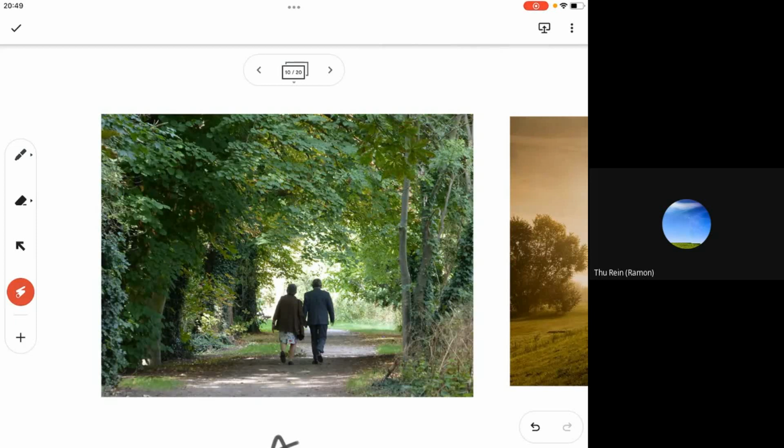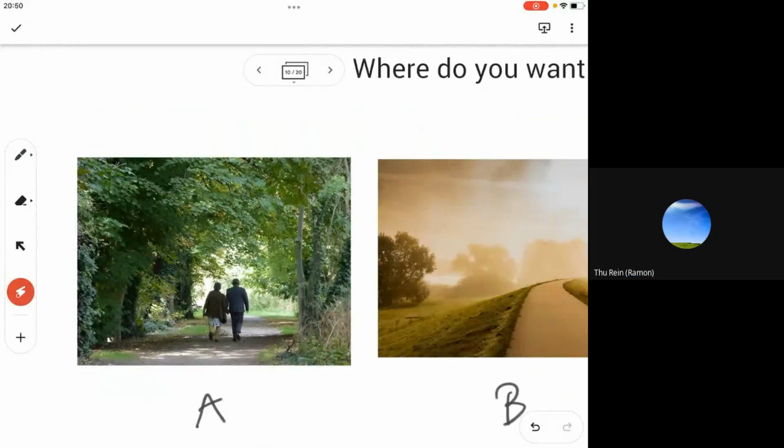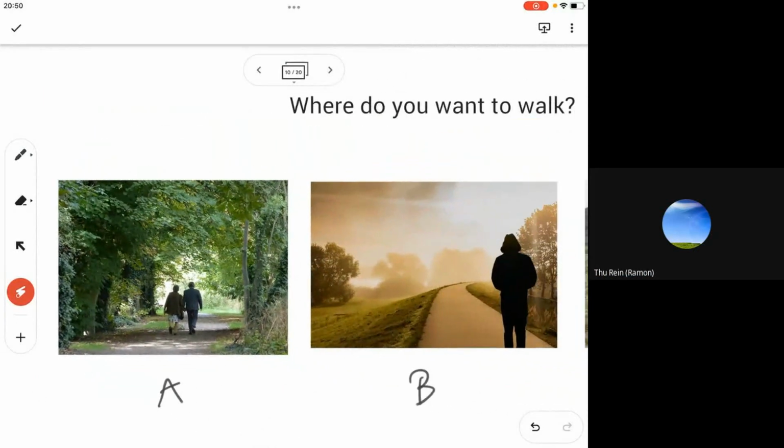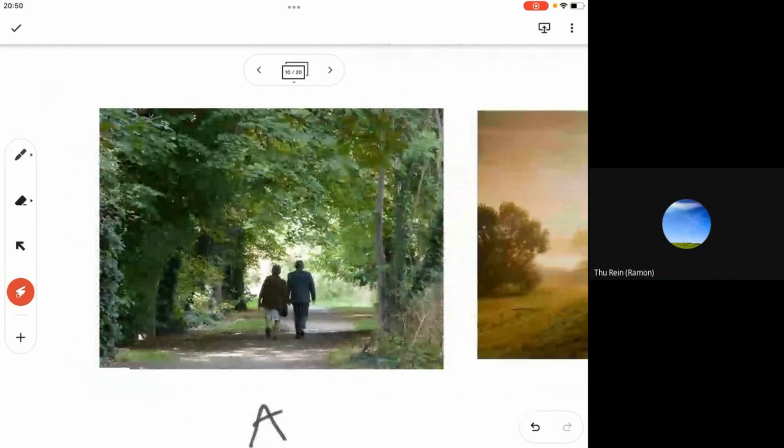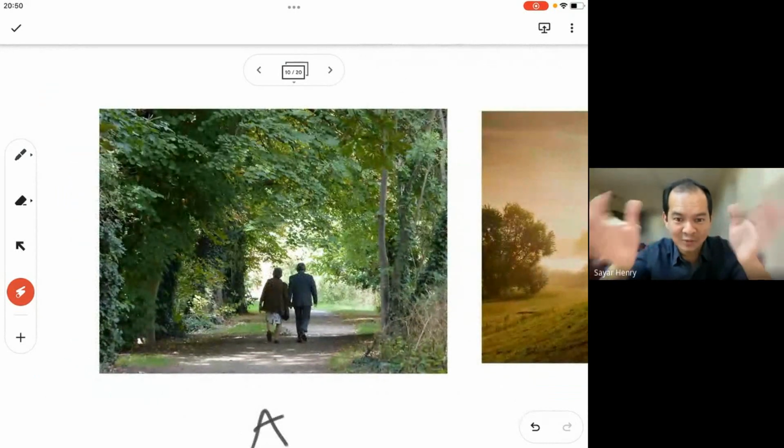When I see this environment, I feel fresh, and the atmosphere is supporting relaxation also. So that's why I would like to choose this photo. And the last reason is my life partner is beside me while walking. Nice. You are envisioning your future.